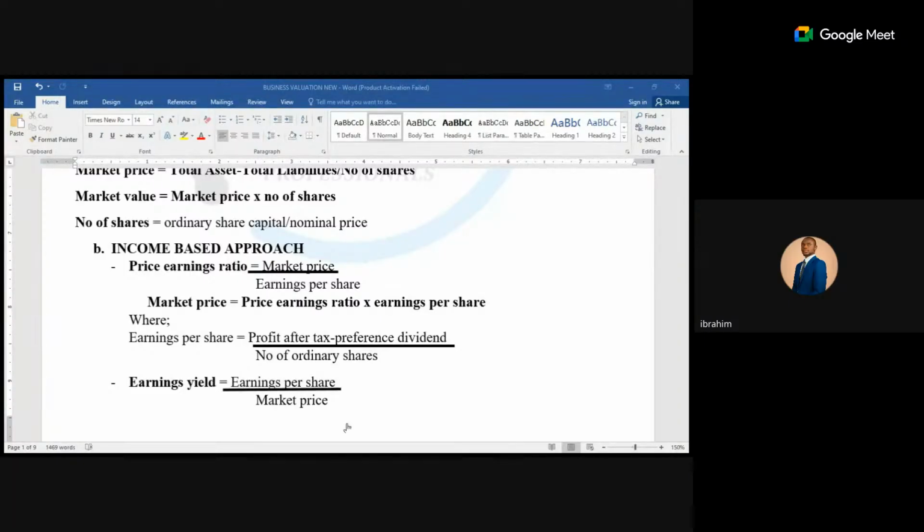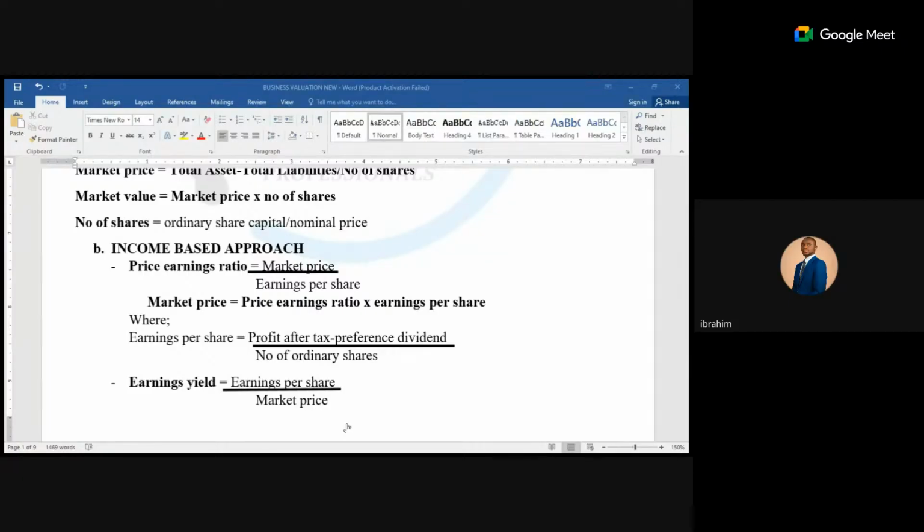Then, what is the value of the business? You have to carry out the valuation to know if that market price that you see in the NGS is overvalued or undervalued. This will take us to portfolio theory. I believe you will enjoy that video because it is practicable.